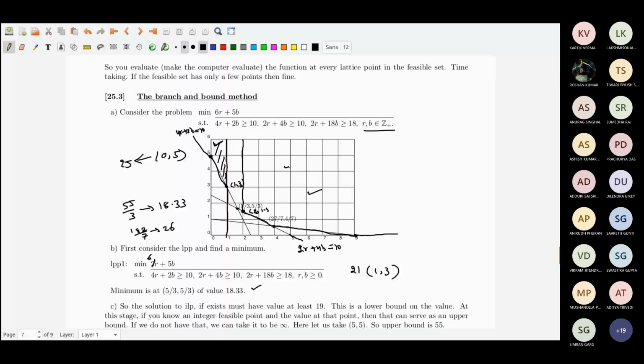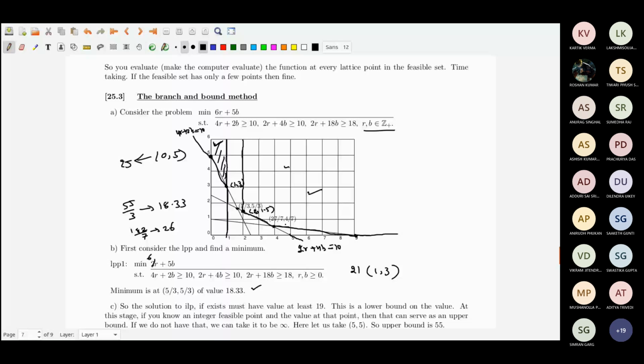So what is the value of the function? Now 6R plus 5B. 6R is 12, 5B is 7.5, 19.5. This one is 19.5. And what about 27 by 7, 4 by 7, I already know, that is 26.